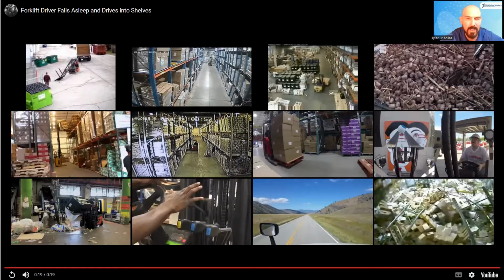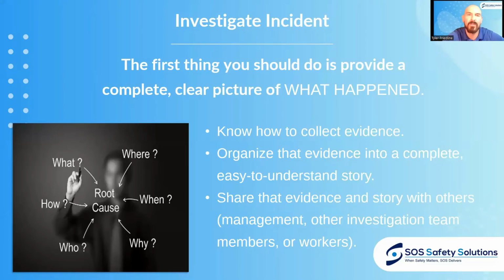Imagine we didn't have those cameras, right? And this speaks to the need that if you have an incident, it's so important to go to the scene of the incident and have a complete, clear picture of what happened, right? Often in my experience investigating incidents, I'm really struggling to figure out the underlying causes and I just can't seem to get there. And then a day or 2 later, an employee speaks up.